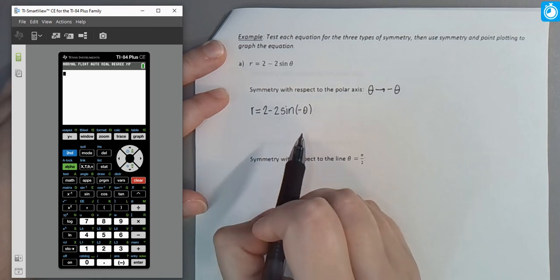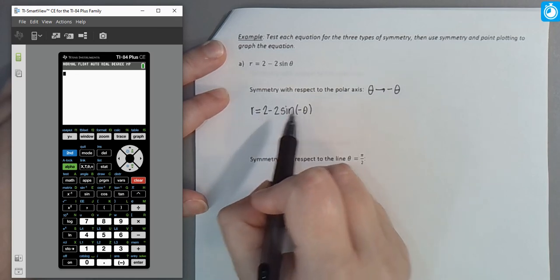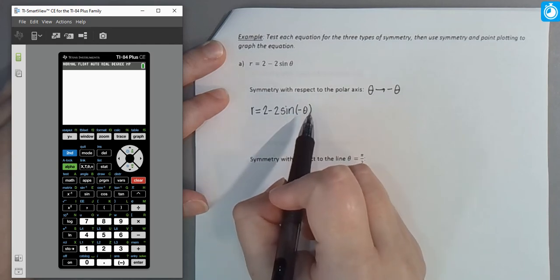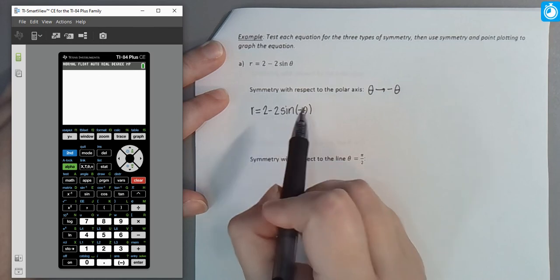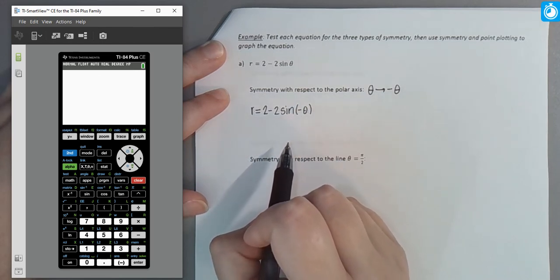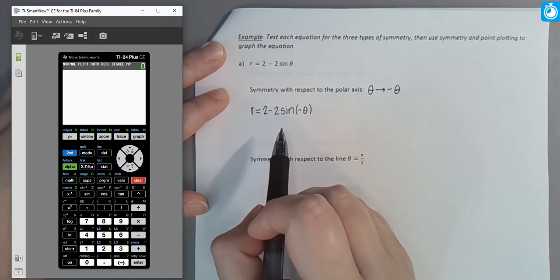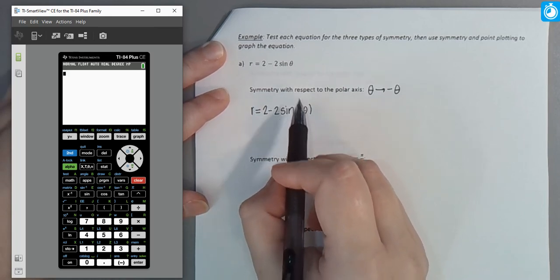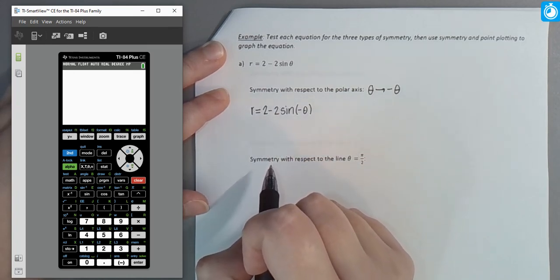Well, I have the sine of a negative angle. I have my even and odd rules that allow me to deal with a situation like this. So we know that the sine is an odd function, which means if we take the sine of a negative angle, it's the same thing as the negative version of the sine of that original angle. You can kind of think of it as the negative factoring out. That's not actually what's happening, but it's kind of what it looks like.